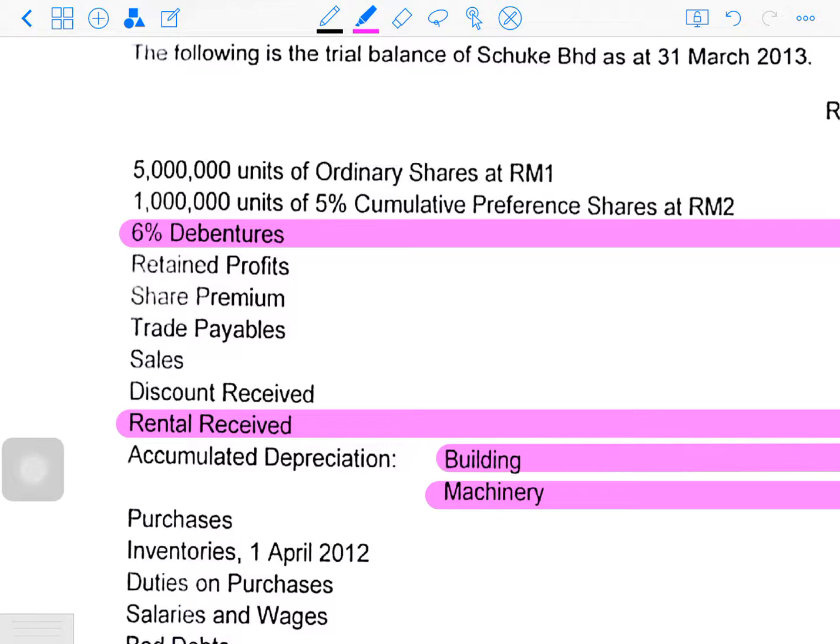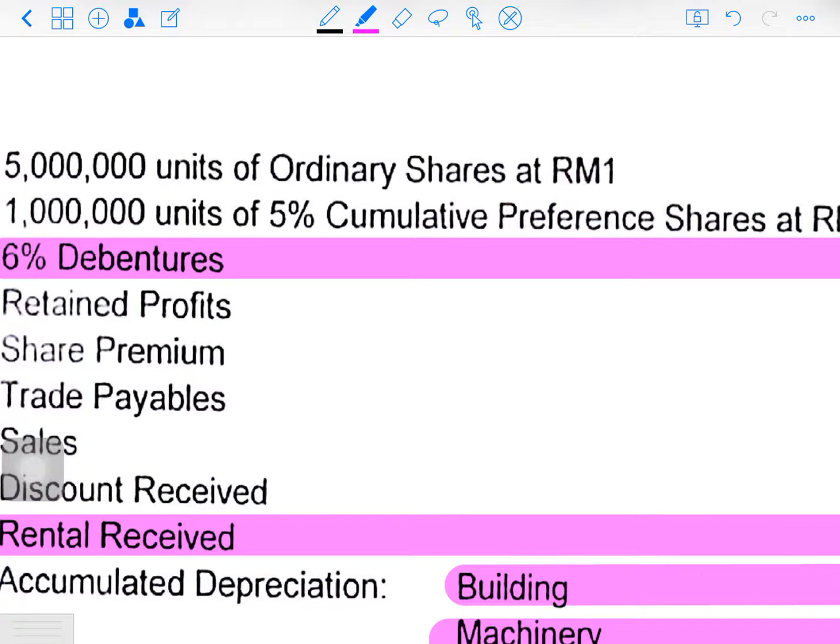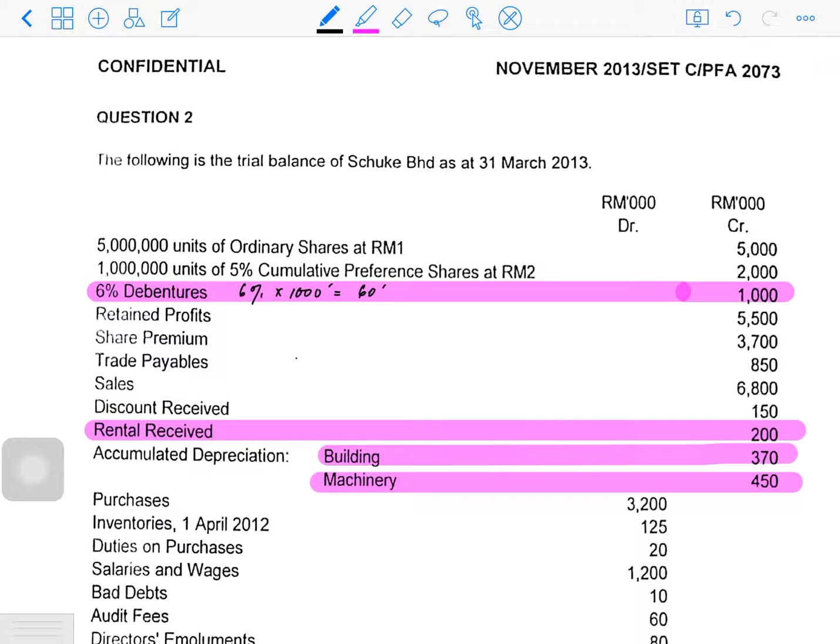So if the interest is 6%, what is your interest per year? 6% times 1 million, 60,000 per year.